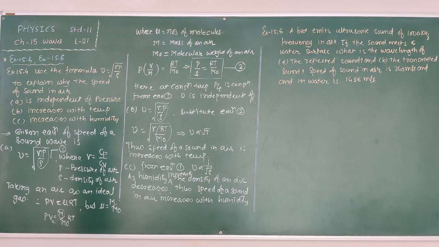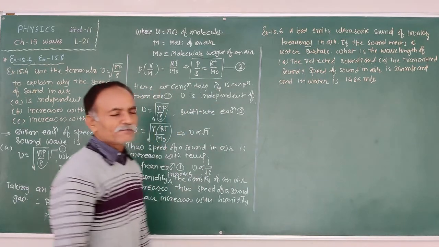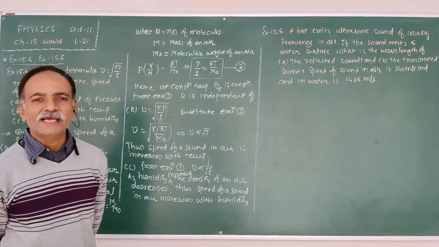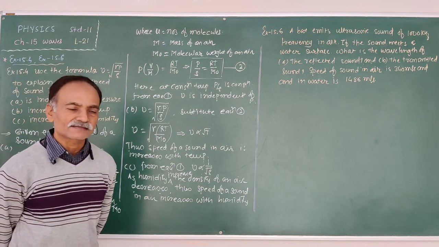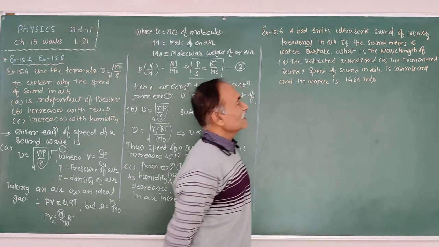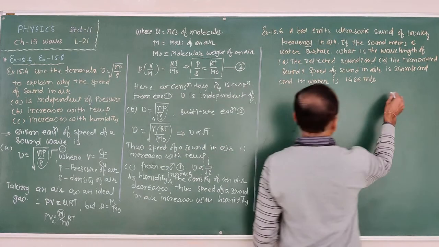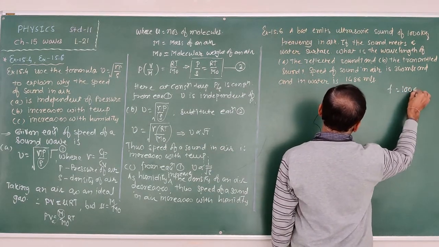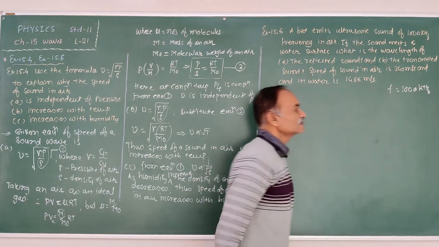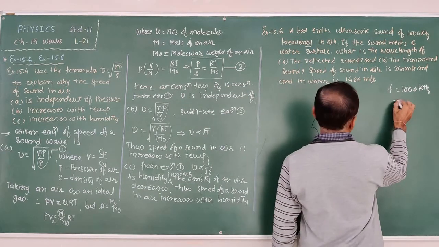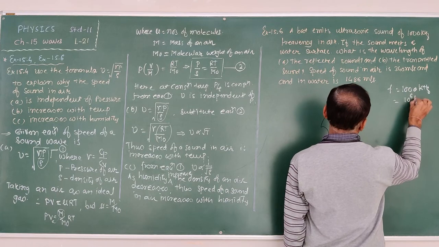Clear this? Okay. Now the next is 15.6. In 15.5, we only have to prove whether this equation represents the wave equation or not. That is not important. Now, a bat emits ultrasonic sound of 1000 kilohertz frequency. Frequency is given 1000 kilohertz, that is 1000 into 10^3 hertz, which means 10^6 hertz.